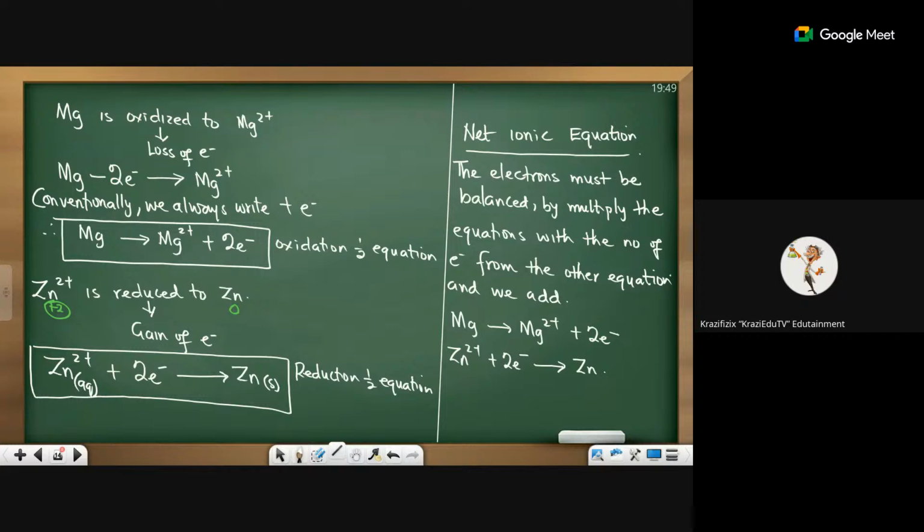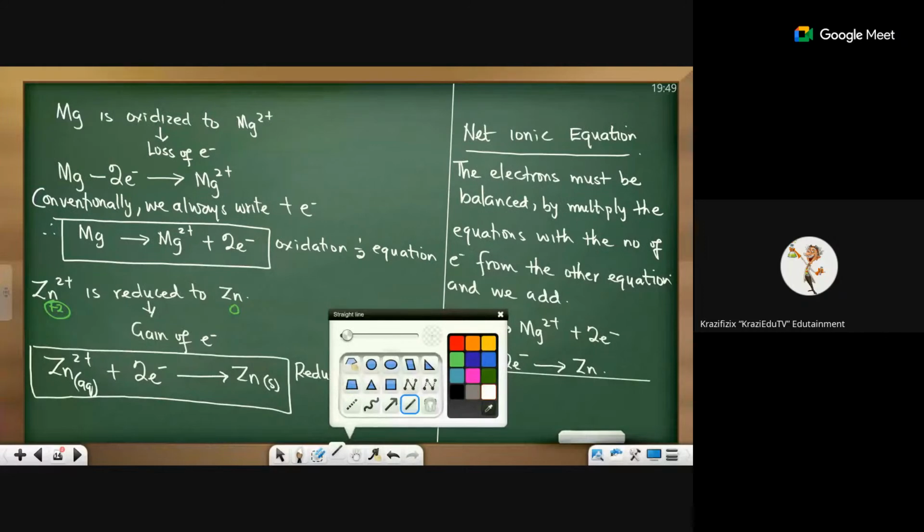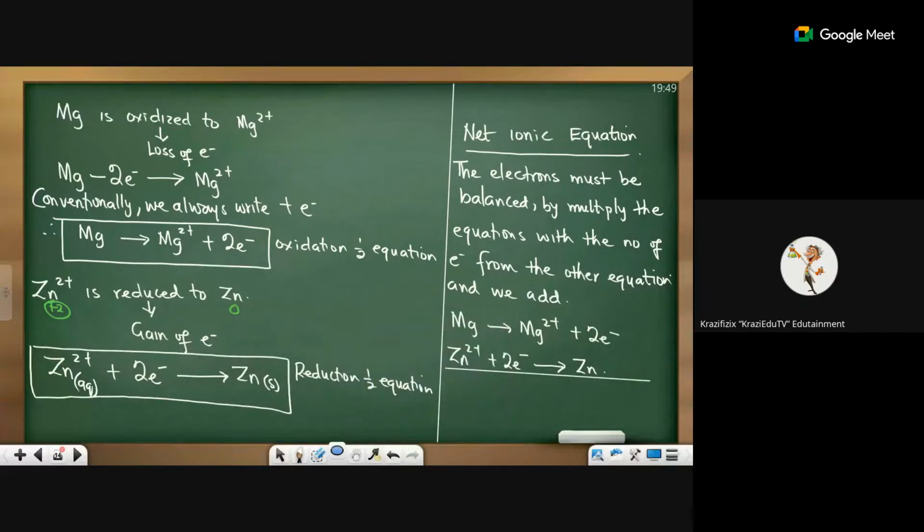The first thing I'm going to check, guys, is the number of electrons. How many electrons do we have on the first one? We have on the second one, 2. I have 2 electrons. I'm going to do the one without 2 electrons now. I have 2 electrons here. Oh, so it's balanced.